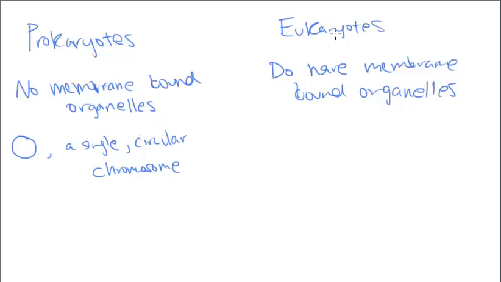While eukaryotes, on the other hand, have linear chromosomes, and the human body contains 46 of these chromosomes in each nucleus, so just remember linear chromosomes. And the next difference, I've already kind of stated this, but prokaryotes contain plasmids while eukaryotes do not. So plasmids.